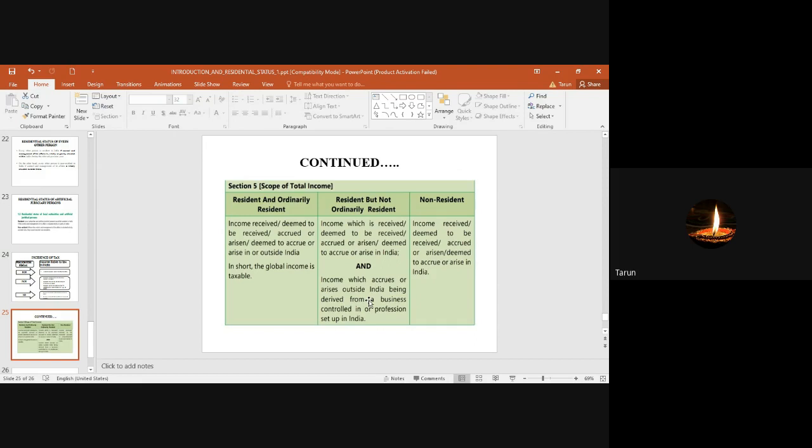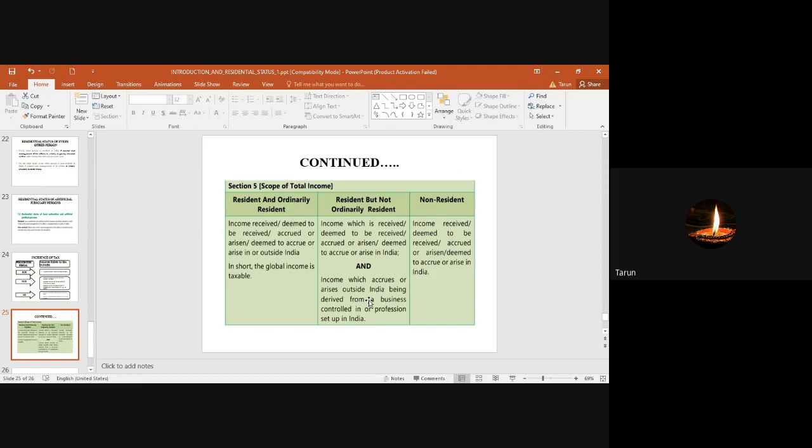For resident and ordinary residents, everything is taxable: income earned, received, deemed to be received, that means received in the coming years, is also liable to tax. When we talk about resident but not ordinary resident, income which is received, deemed to be received, accrued, arising, and deemed to accrue and arise in India, everything in India, is taxable.